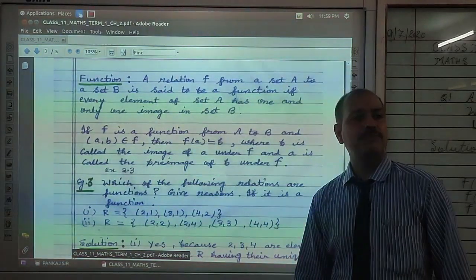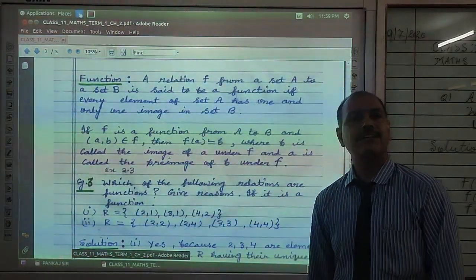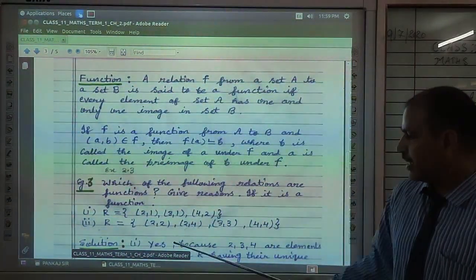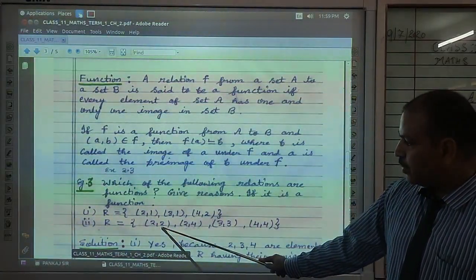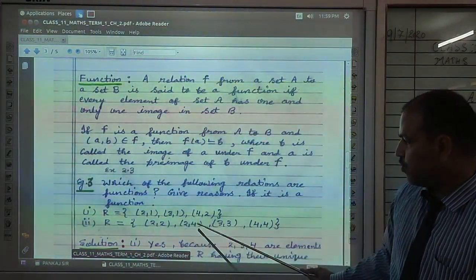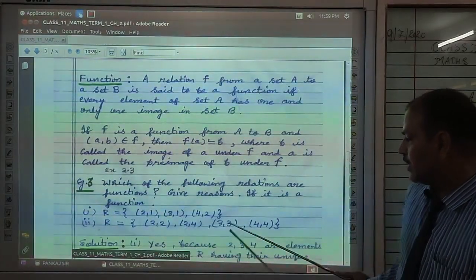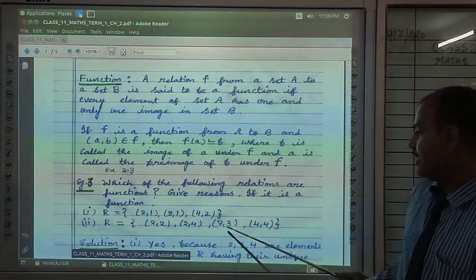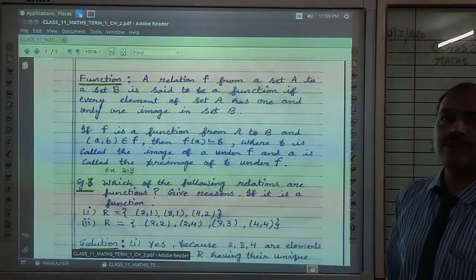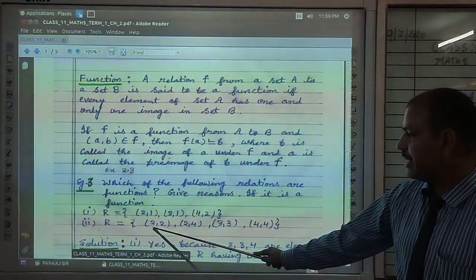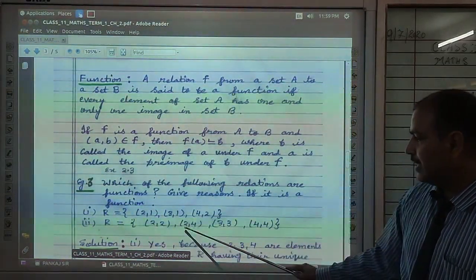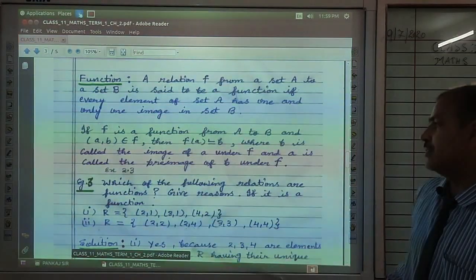What do you mean by the image and the pre-image? Here 2 is the image of 2, 4 is the image of 2, 3 is the image of 3, 4 is the image of 4, and the pre-images are 2, 3, 4.